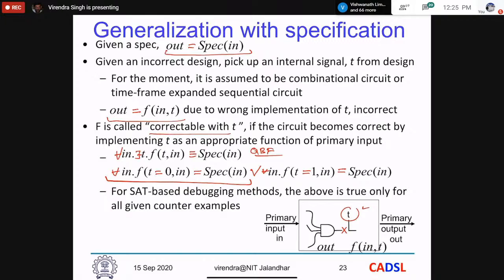So for a SAT based debugging method, the above is true only for a given counter example. So I can say that for all the counter examples that I am getting, there exists some T such that for that particular counter example, because in the counter example I am getting the wrong output, this also satisfies my specification.